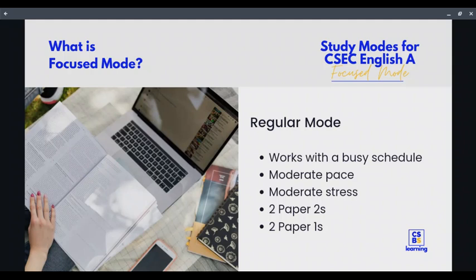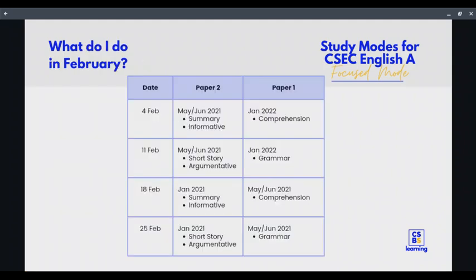Essentially, what this should accomplish is that every single month, you should be able to complete two paper two past papers and two paper ones. Like I said, very focused. And I'm going to show you exactly what it is. This is the exact schedule I'm using with my class. It is actually the first time I'm doing a schedule like this. However, for students who are really busy, I do recommend it.